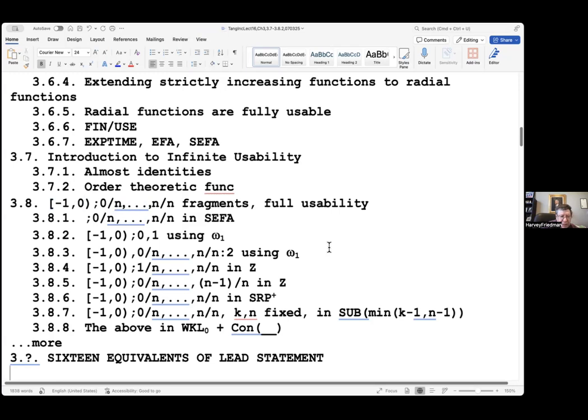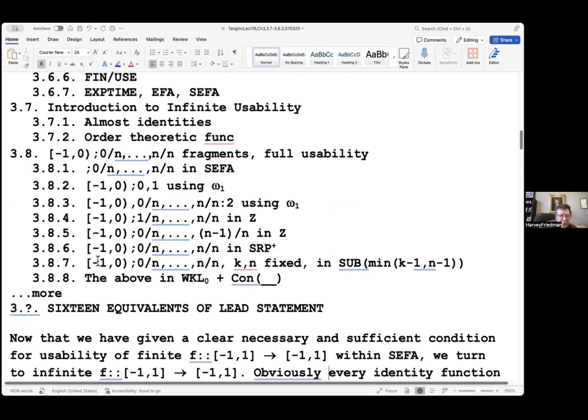So this whole thing is reversed in the reversal. But we want to consider fragments. So this fragment is proved in Zermelo. This fragment is proved in Zermelo. This fragment is proved using just the cardinal omega 1, and this one is proved just using the cardinal omega 1.